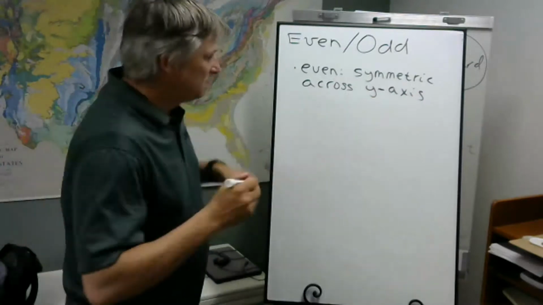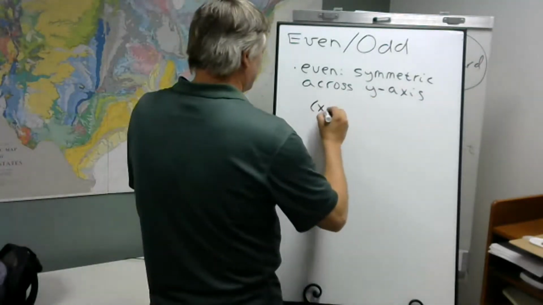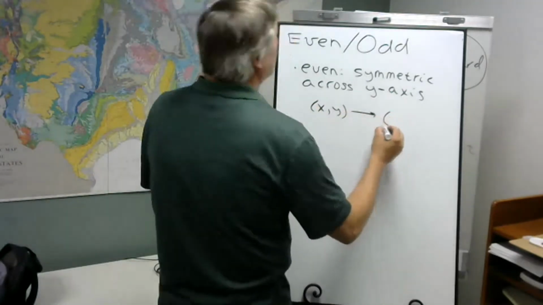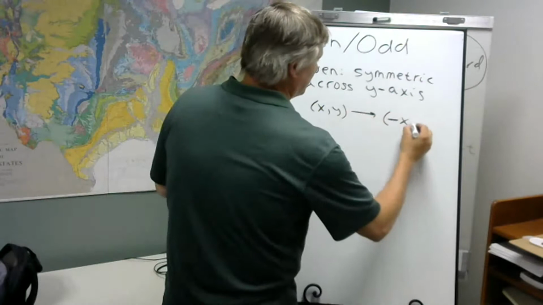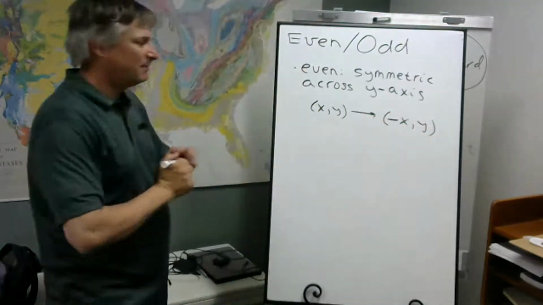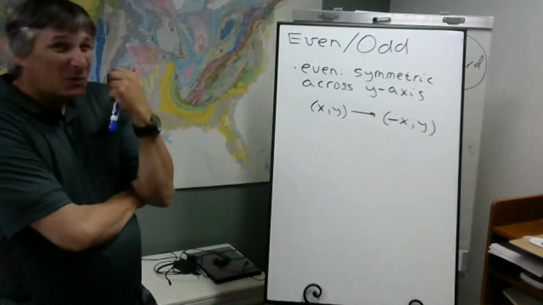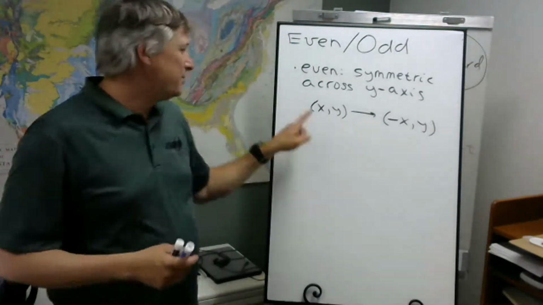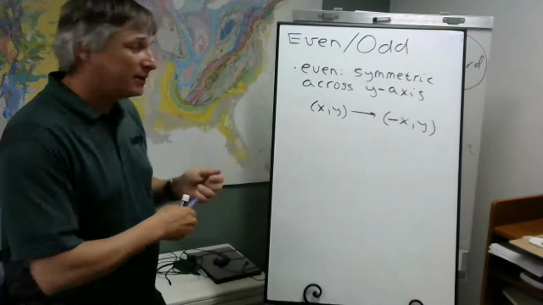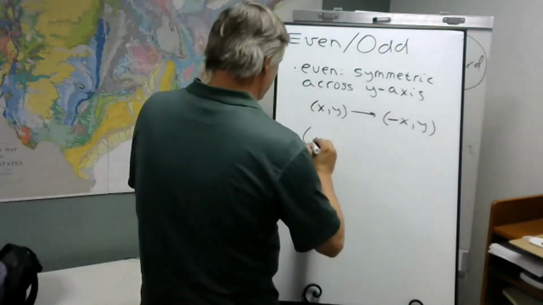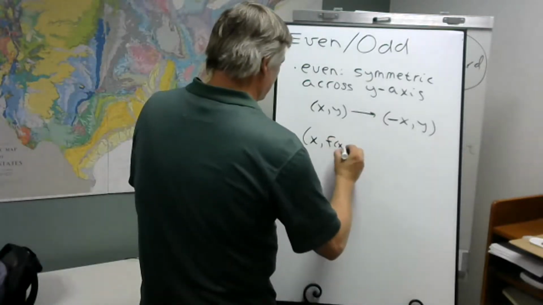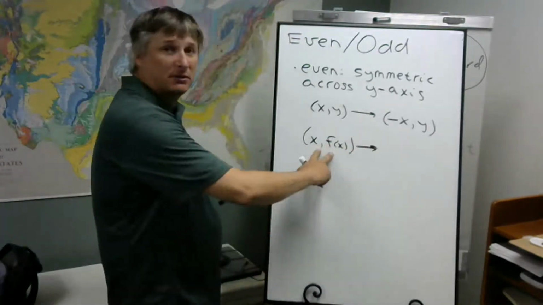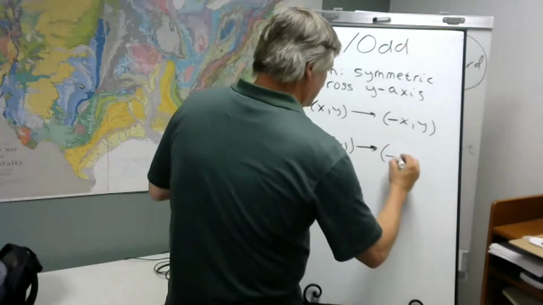Another way of saying that is if (x, y) satisfies the equation, so does (negative x, y). Another way of saying this: if I have f of x, and I put negative x into f, then if this satisfies the equation, so does this.